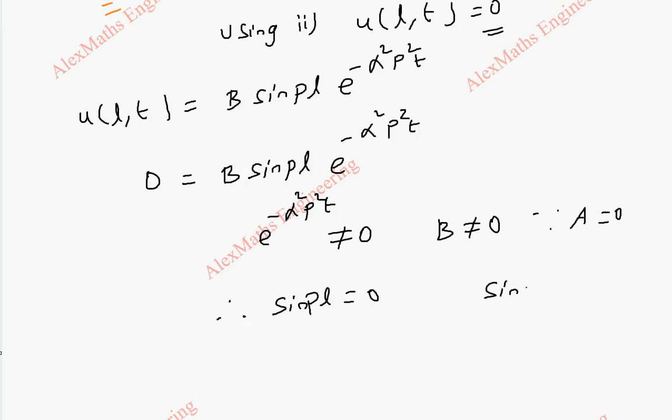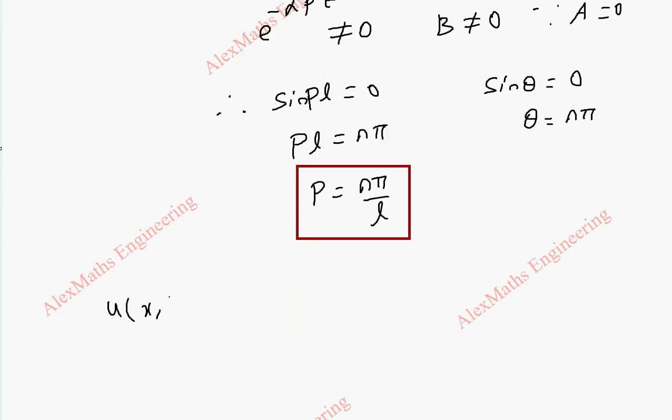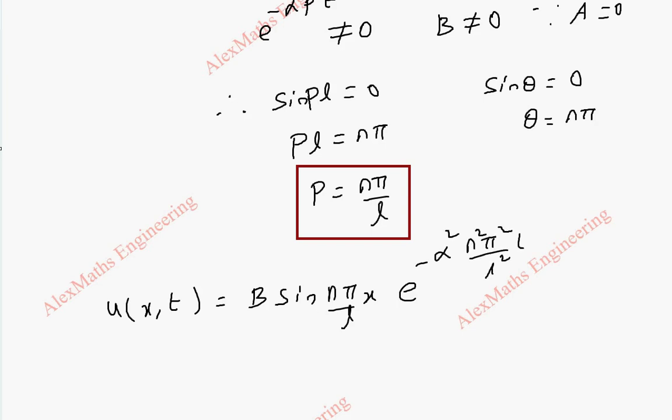When sin θ is 0, θ is equal to nπ. So this pL will be equal to nπ, and from this the value of p is nπ/L. This we are going to substitute back in our solution. So u(x,t) will be B sin(nπx/L) e^(−α²n²π²t/L²).